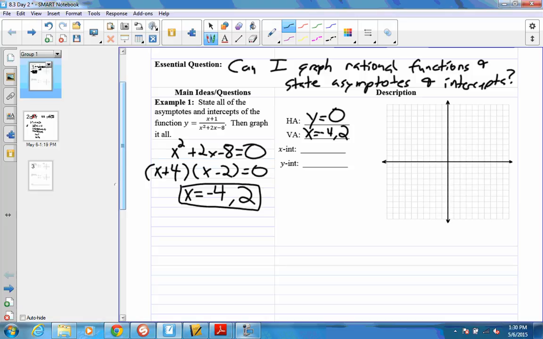And I don't have to factor, right? It's just x plus 1. So x equals negative 1. Nice, so that's my x-intercept. y-intercepts, what do I do to find my y-intercepts? Plug in what else?